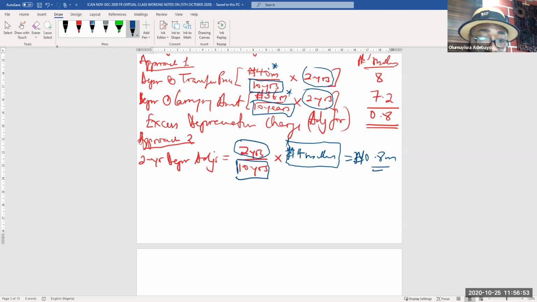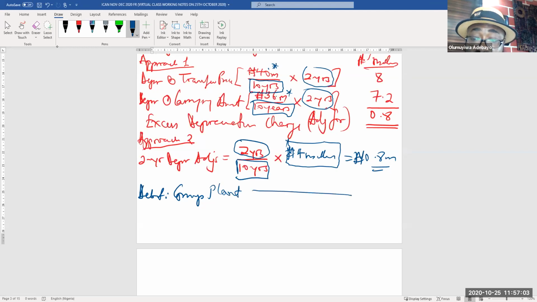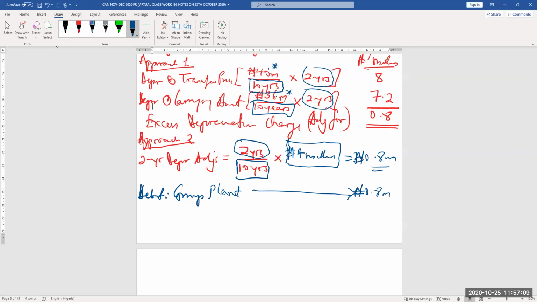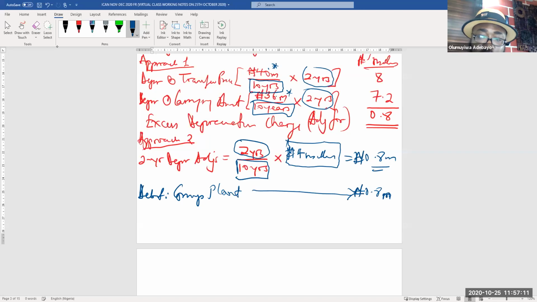I will come back here to increase the value of the plant, because when you overcharge depreciation, you understate the value of the plant by how much? 800,000, which is 0.8.